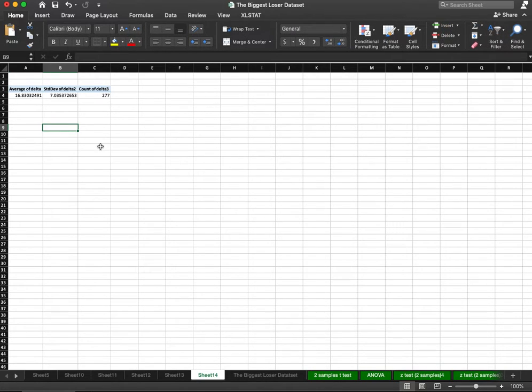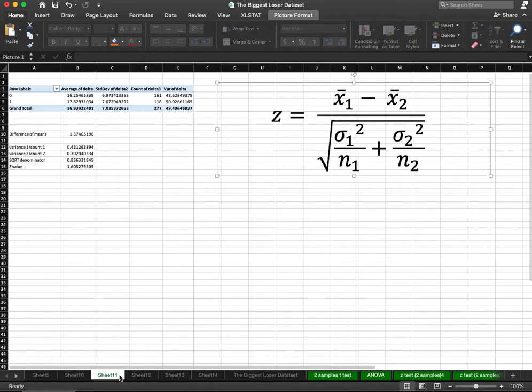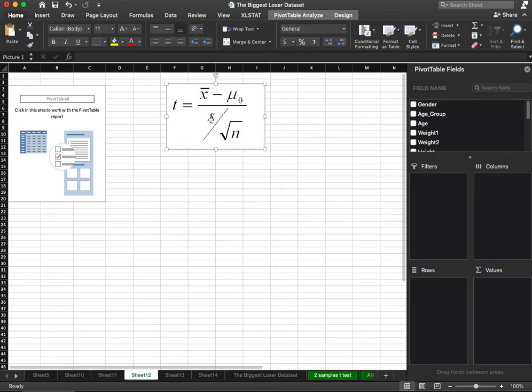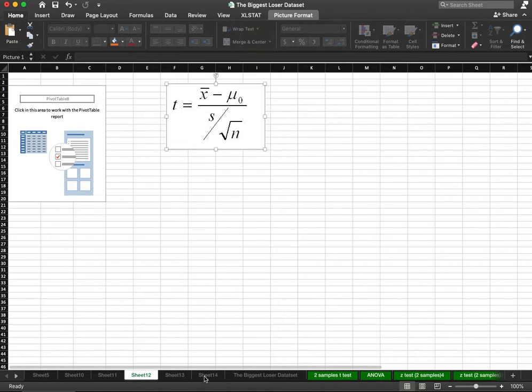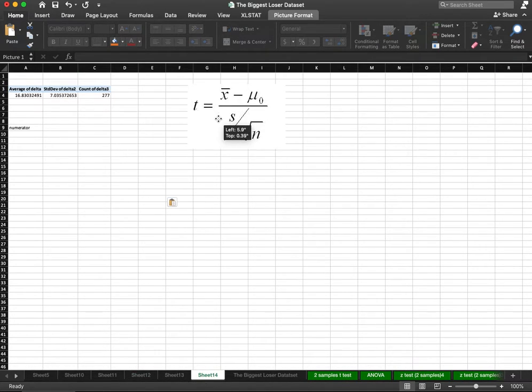So the formula for a paired t-test is my average minus the hypothesized difference, which is 0. Right? So my numerator, the top part of the equation, is here. Just copied these so you have a little reference here.